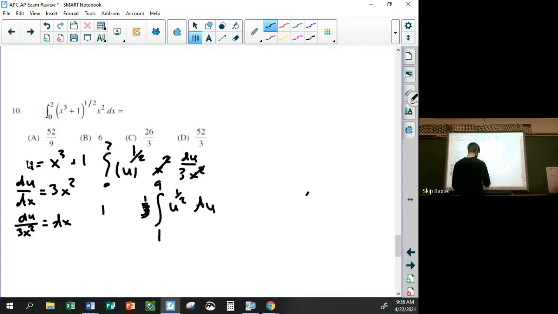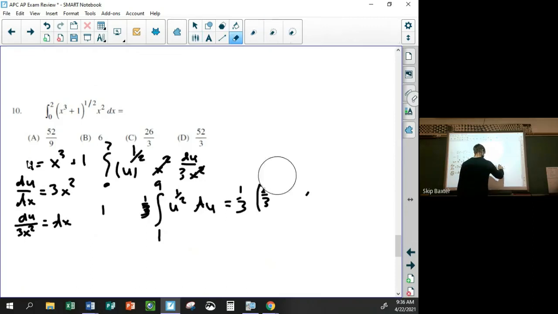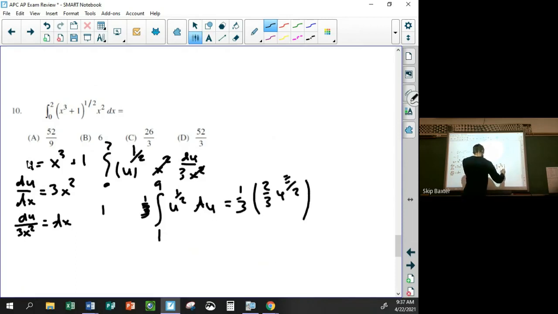So equals 1/3 times u to the 3/2 times 2/3. Then it's just times 2/3 because you divide by 3/2. Does this make sense? Okay. And then evaluate that from 1 to 9.